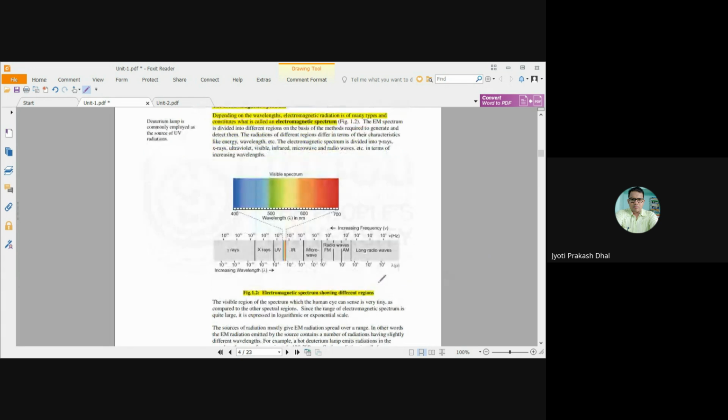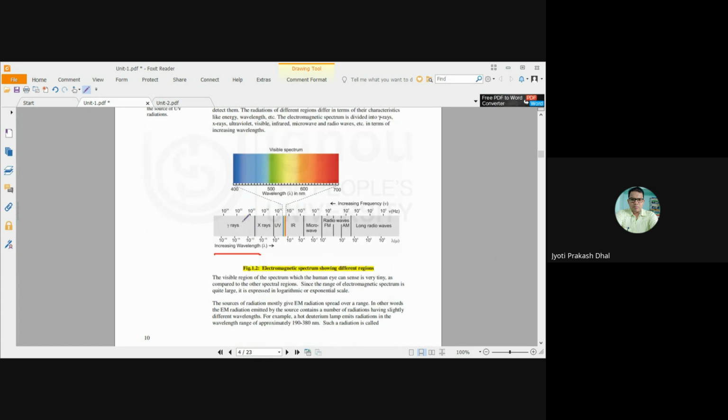Here in the figure it is given the electromagnetic spectrum, and here you can see that the different wavelengths are arranged according to increasing order of wavelength. That means from shorter wavelength to longer wavelength. And the first one will come gamma rays. So it is having shorter wavelength. The next one is X-ray. After that, ultraviolet.